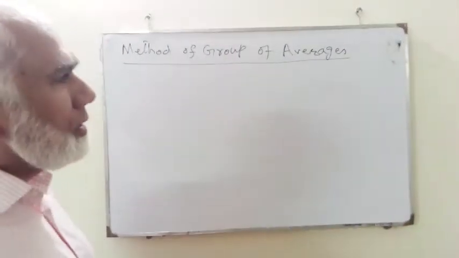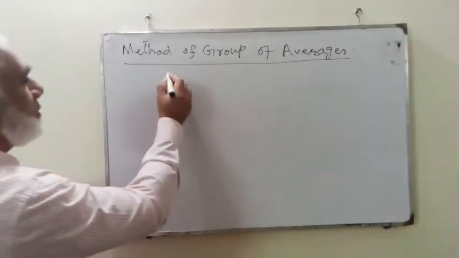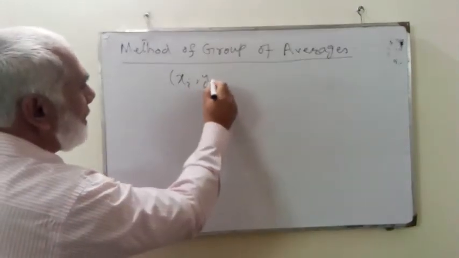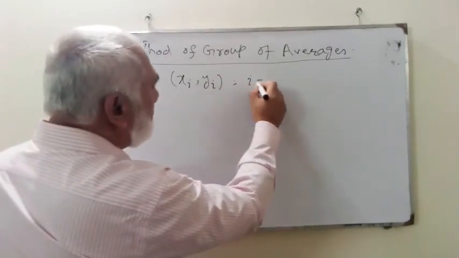curve fitting by using graphs, there we were also given a set of points. So here again we start with a set of points, say xi and yi, where i goes from 1 to n.